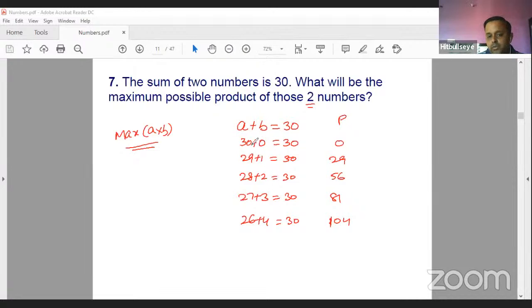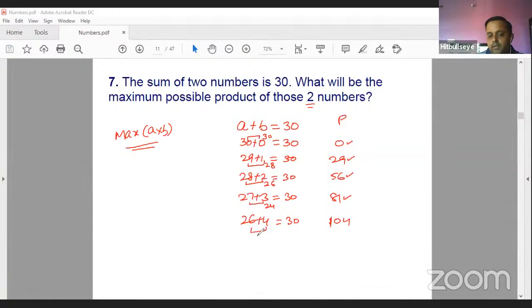Now, what can you analyze from this series? If you take the numbers to be 30 and 0, the difference between the numbers is 30 and the product is 0. If you take 29 and 1, the difference is 28, and the product is 29. Next, the numbers are 28 and 2, the difference is 26, and the product becomes 56. In the next case, the difference becomes 24 and the product becomes 81.